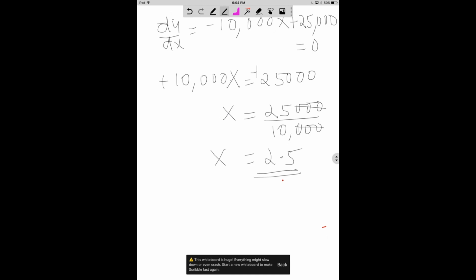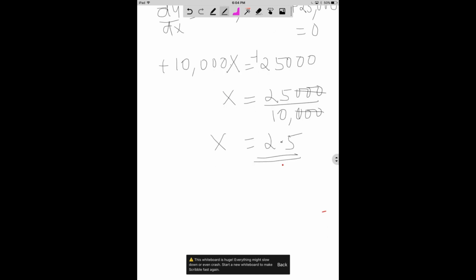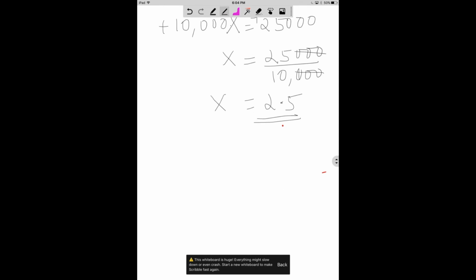We know the equation we got: y is equal to minus 5,000x squared plus 25,000x plus 2.5 million.